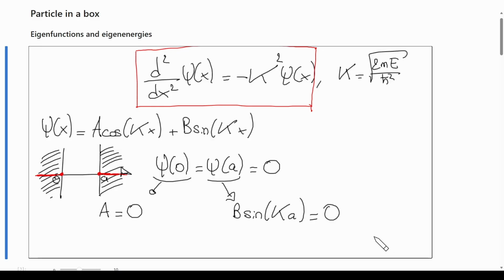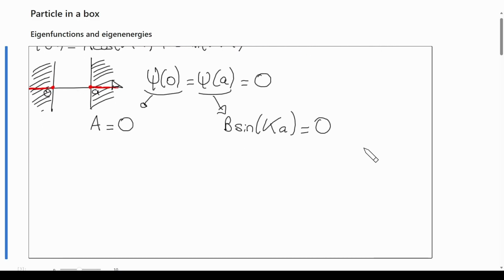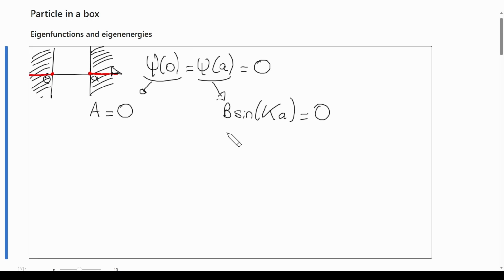So now, what does this tell us? It tells us that sine kappa a must be 0, because B cannot be 0, otherwise A and B are both 0, which would mean that the wave function is also 0 in this region.